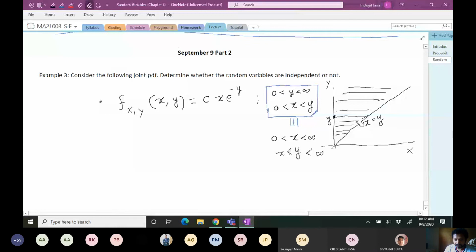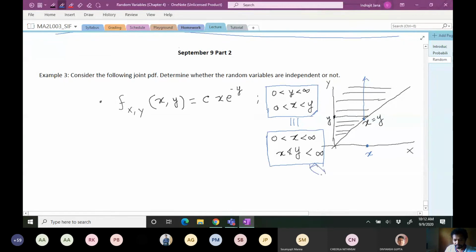For any x, y runs from the diagonal line y equals x up to infinity. So there are two ways to write this. In fact, there is a third way, and many times it is written that way also.